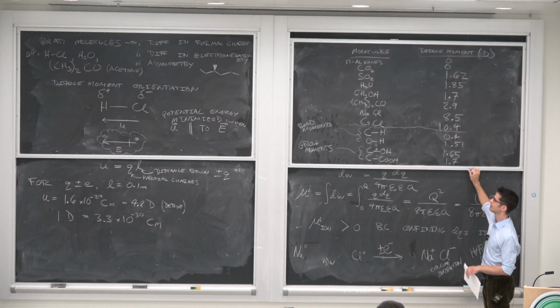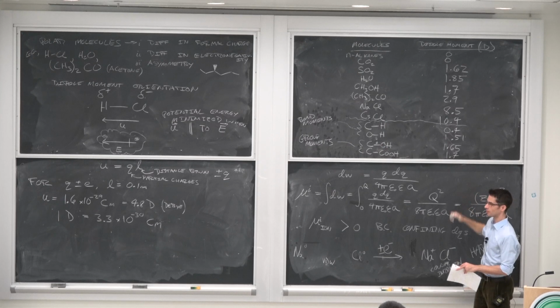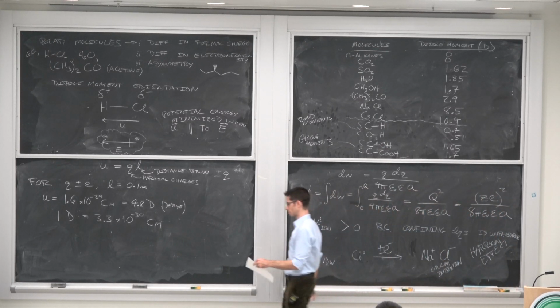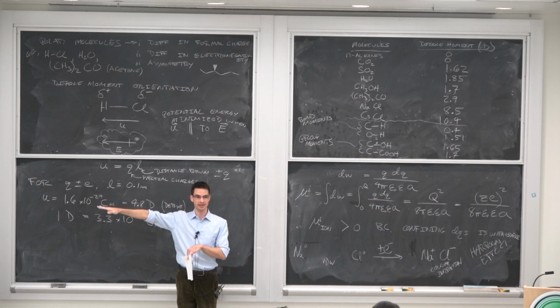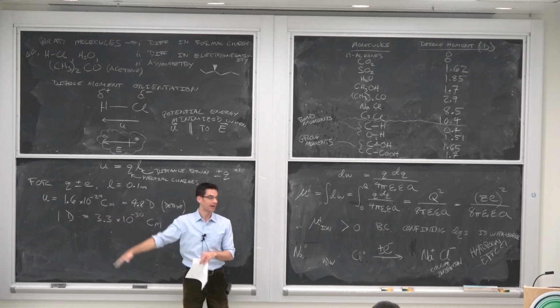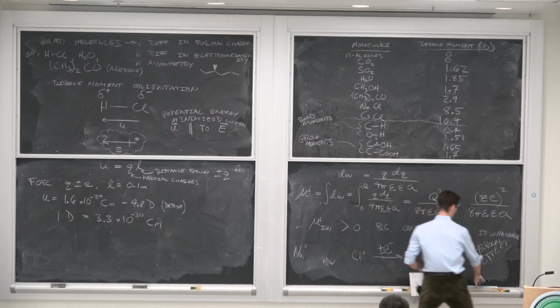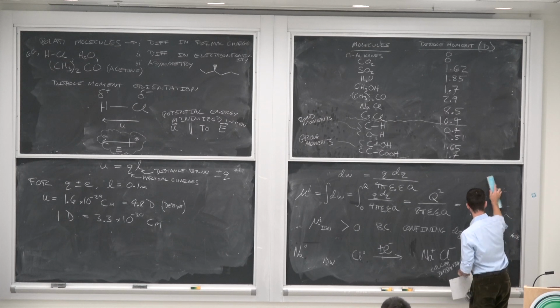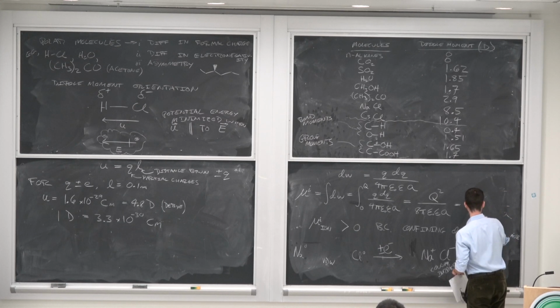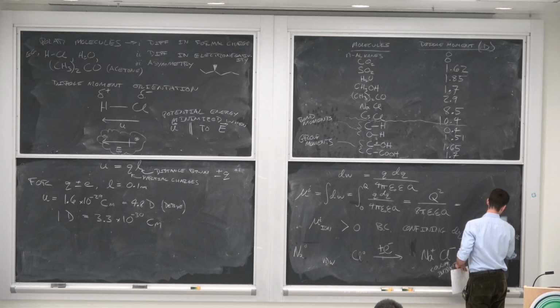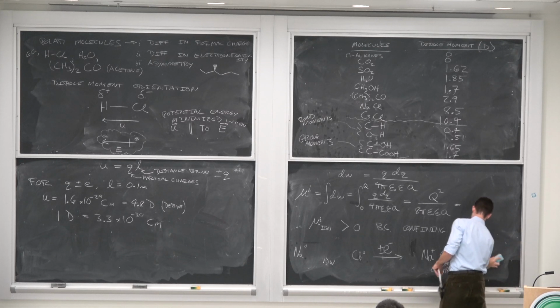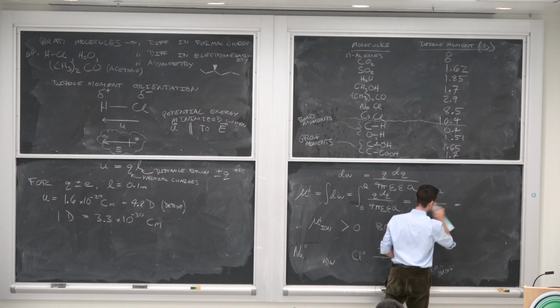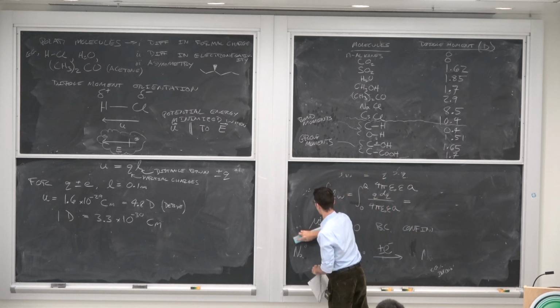So if we calculate what direction all these bonds are going and resolve them along an axis, we can calculate the dipole moment magnitude and direction. We're not going to focus on this in this class because it's something you did in second semester or second quarter physics. But let me just give you the example of water and we'll move on.